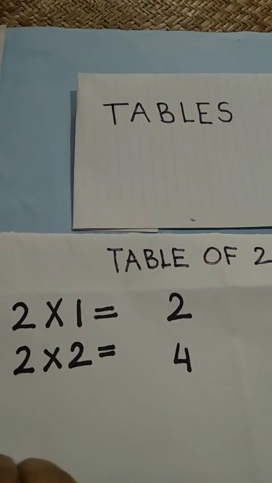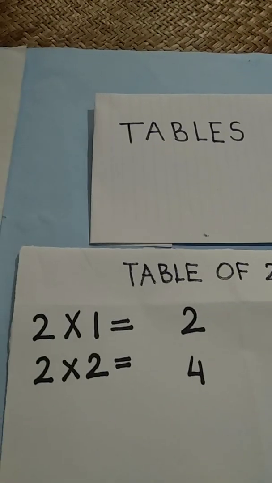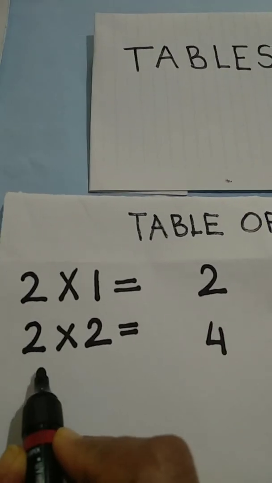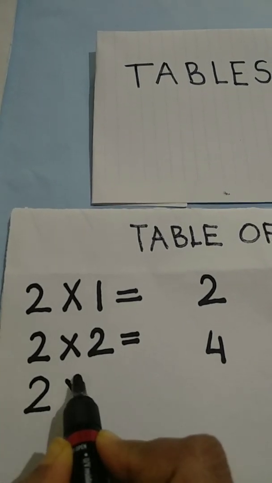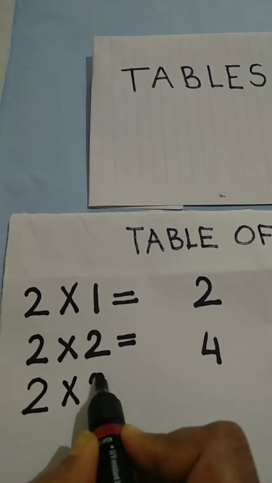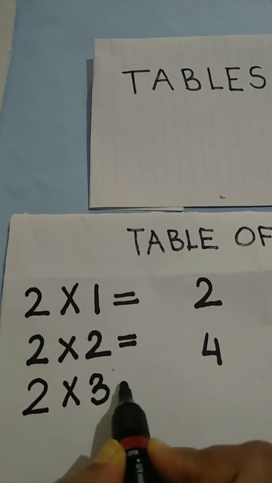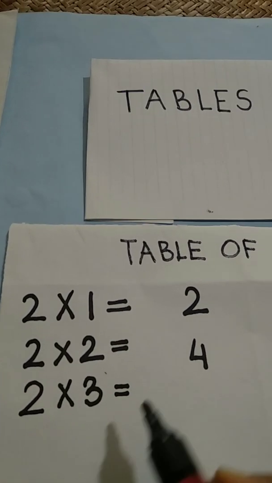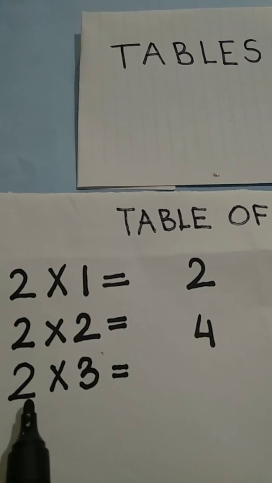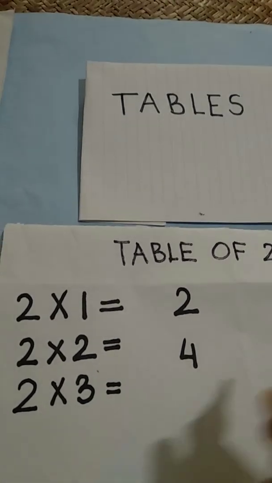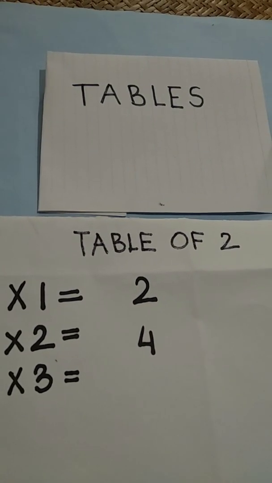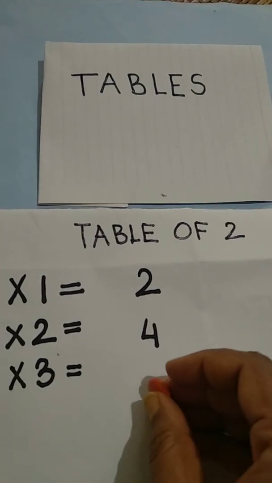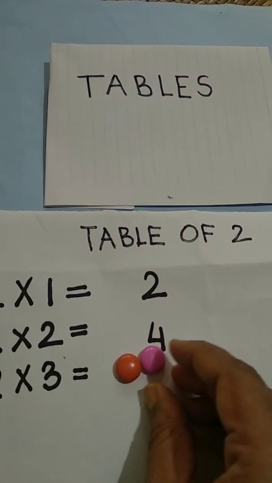Next, again I am going to write a multiplication fact, that is 2 multiply or cross 3. This means if we put 2 three times, how much will we get? So let us put 2 three times and see. We put 2 one time.